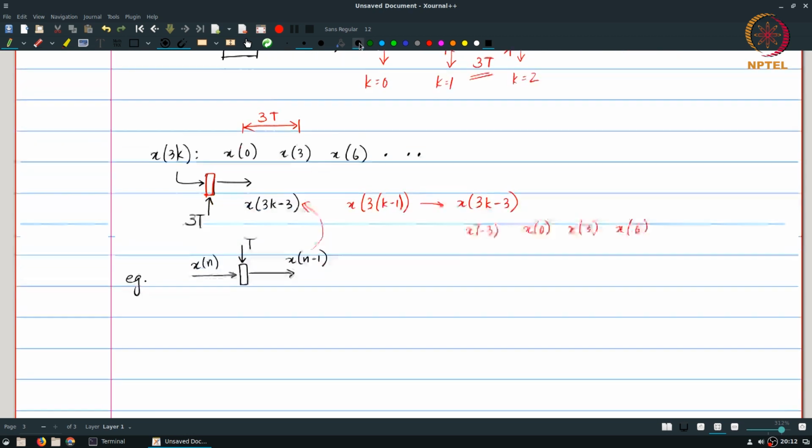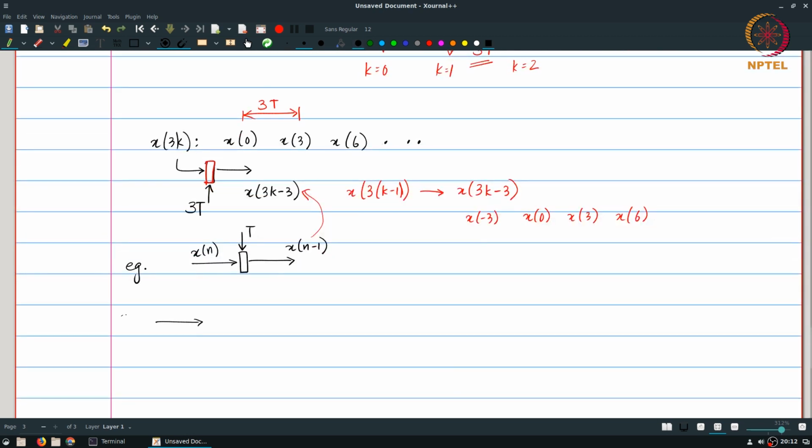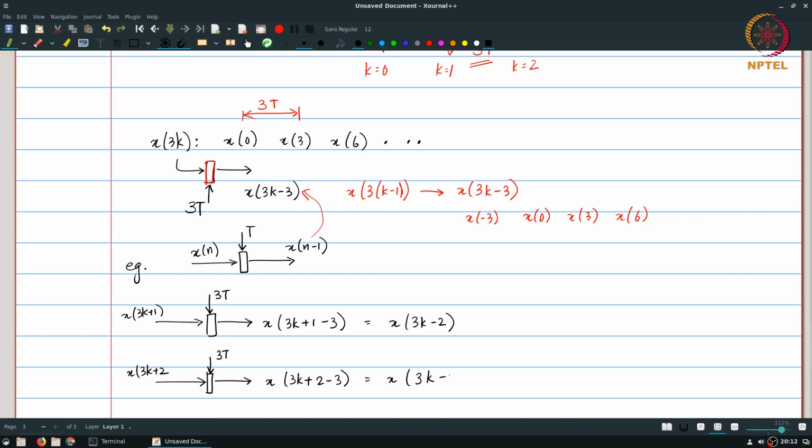What that further means is that if I take the stream x of 3k plus 1 and put it through a register which is sampled at 3t, the output of this is x of 3k plus 1 minus 3, which is x of 3k minus 2. Similarly, x of 3k plus 2 fed into a register like this comes out as x of 3k plus 2 minus 3, which is x of 3k minus 1.